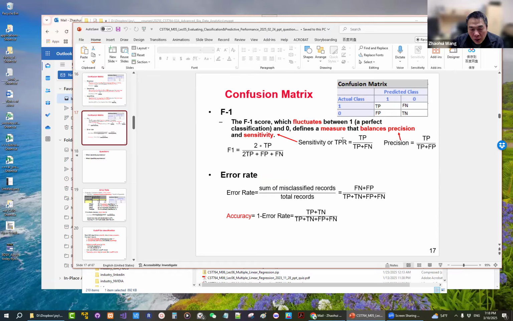The error rate will be the off-diagonal cases divided by all the cases. The accuracy will be the diagonal, TP plus TN, divided by all the cases.